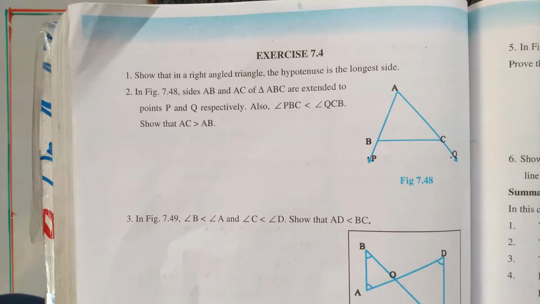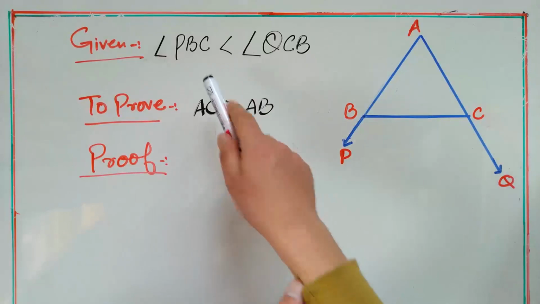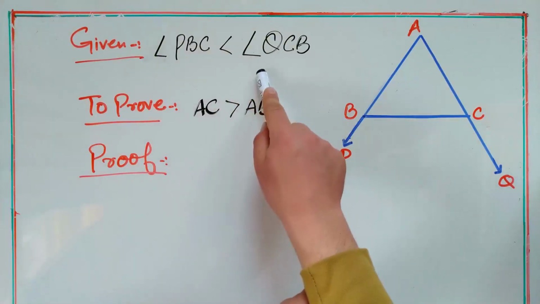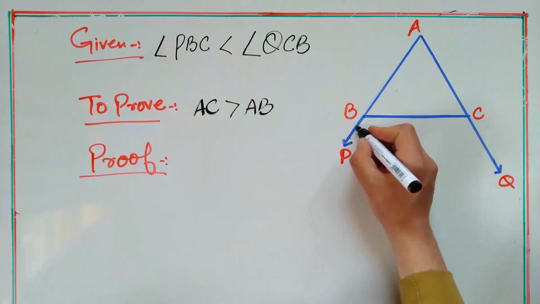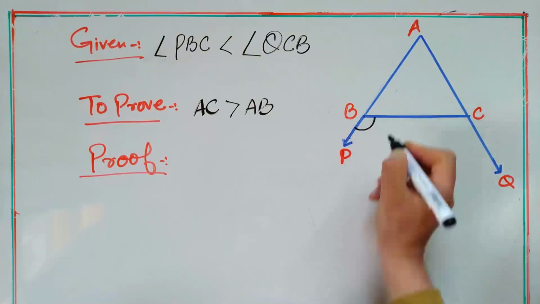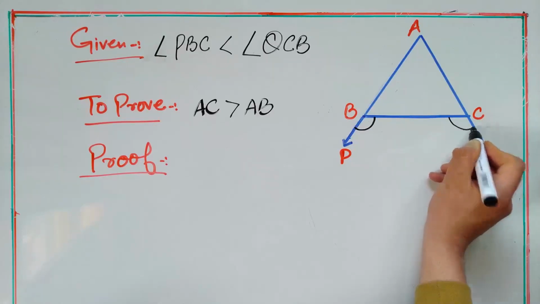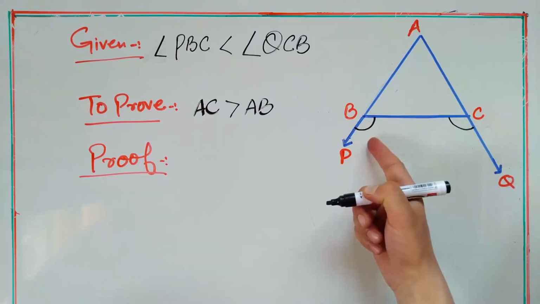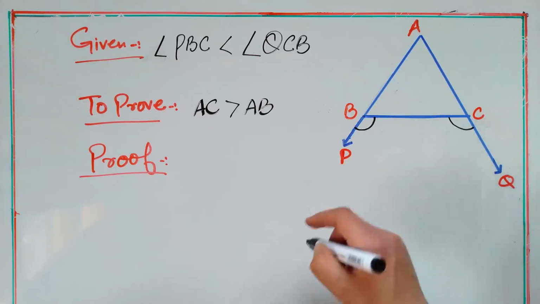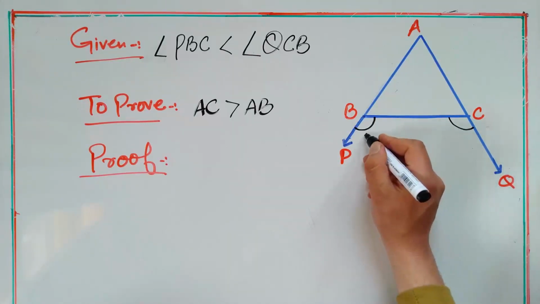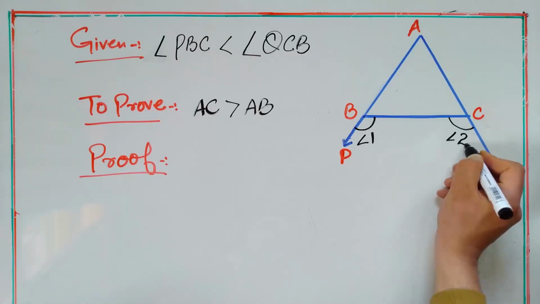Let's first understand what is given to us. So, given is that angle PBC is less than angle QCB. So, this angle is angle PBC and this angle is angle QCB. And it is said that this angle PBC is a smaller angle than this angle QCB. To make it easier, I can write down this as angle 1 and I can call this as angle 2.